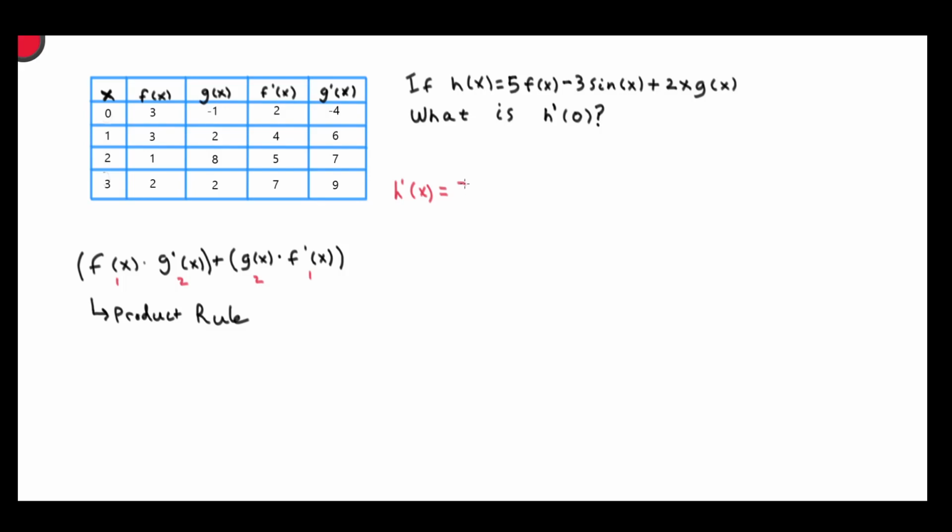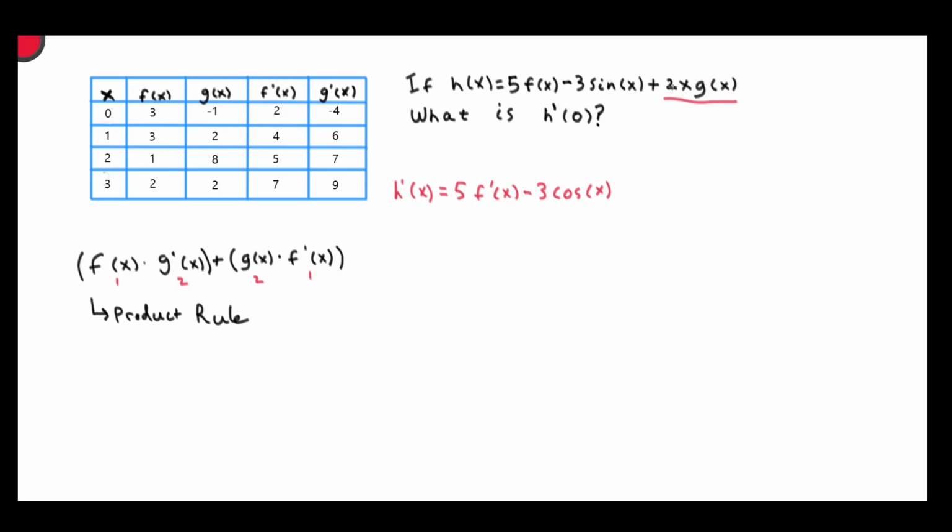So that'll be 5 times f prime of x. And then subtracted by 3 sine of x. We know that the derivative of sine of x is cosine of x. So we have minus 3 cosine of x.